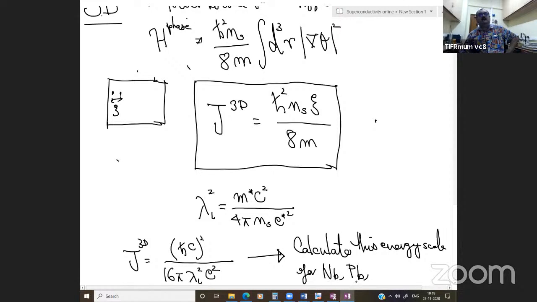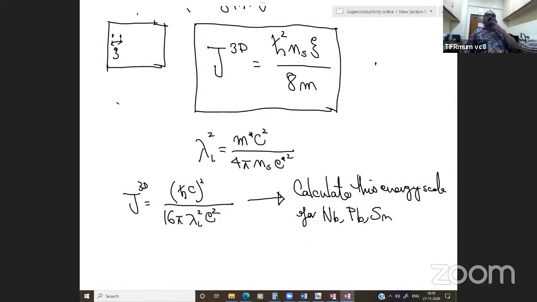So take typical superconductors like niobium, lead, tin, put in the values that you have in books, and calculate what this J3D is. I will just give you the order of magnitude estimate.